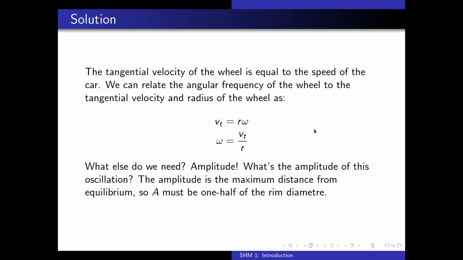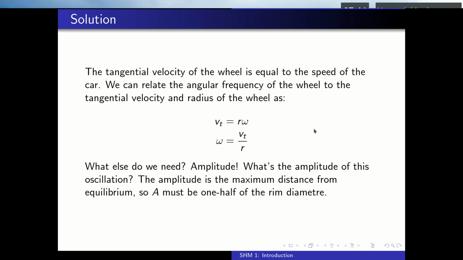The tangential velocity must be equal to r omega. You should have seen this when you did angular motion, rotational motion last term. So that 55 miles per hour in MKS units is equal to r omega. So we can solve for omega by taking that tangential velocity divided by radius.